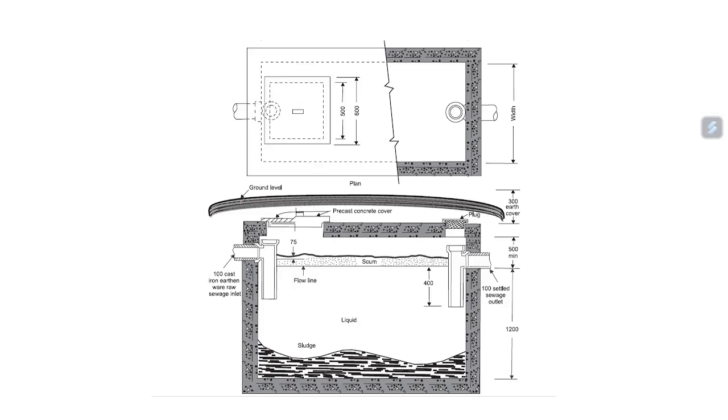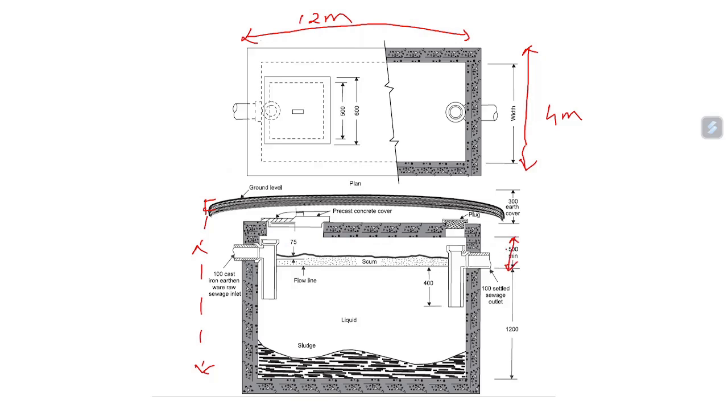You can see this is the ground level, and below the ground level the tank is constructed. This is the depth, and you can see this is the width which we calculated. The width we calculated is 4 meter, and the length which we found was 12 meter. As I said, on a standard basis freeboard is given, so this is the freeboard.